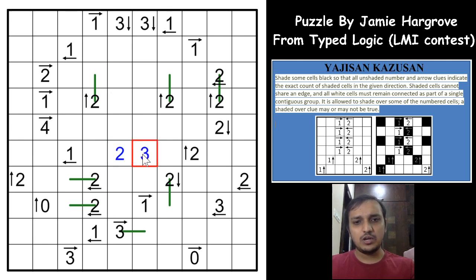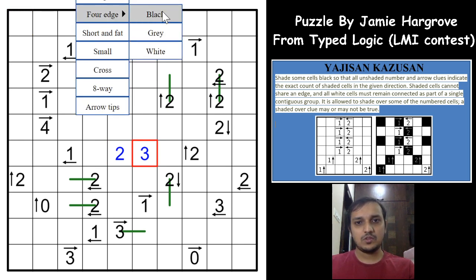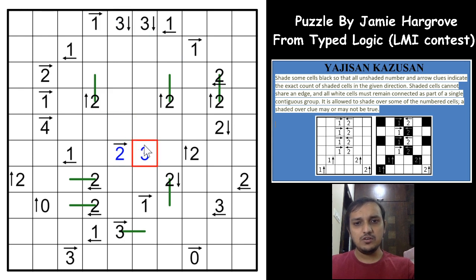If you have a 2 and a 3 here, you have this kind of logic instance. When you have two clue numbers near each other pointing in a single direction, and one is greater than the other by 1, then both of these cells cannot be shaded and both cannot be unshaded, right?